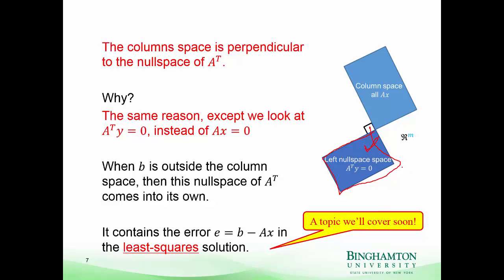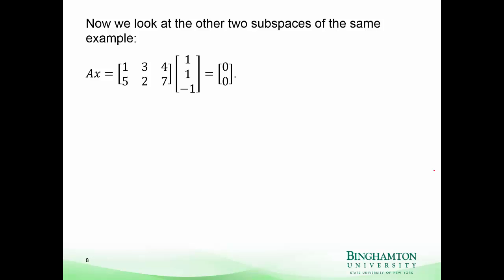And so the error between B and the X that we can pick to try to map to B, we won't be able to map it exactly. This error will lie in this left null space, as we'll see. So not important right now, but just alluding to the future.